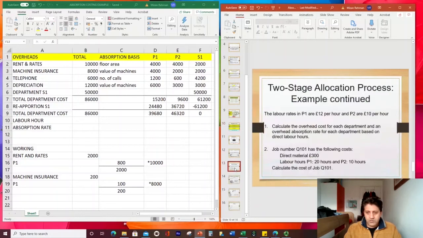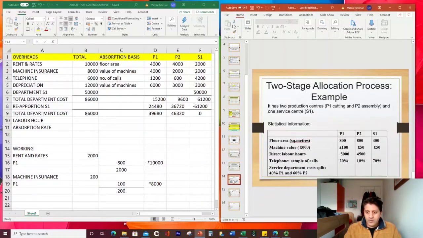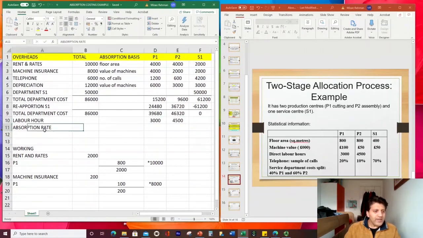So going back to my data, the data is here, direct labor hours in both departments. So let's put that 3,000 in P1 and 4,500 in P2. We can calculate OAR now, the overhead absorption rate.